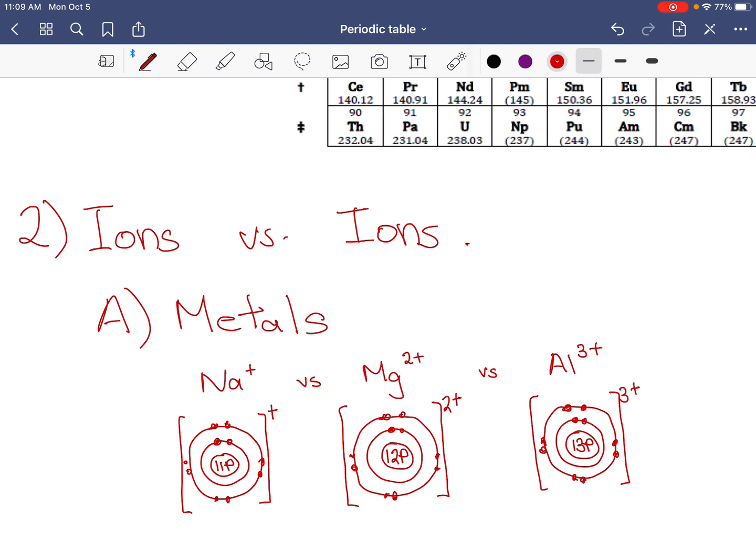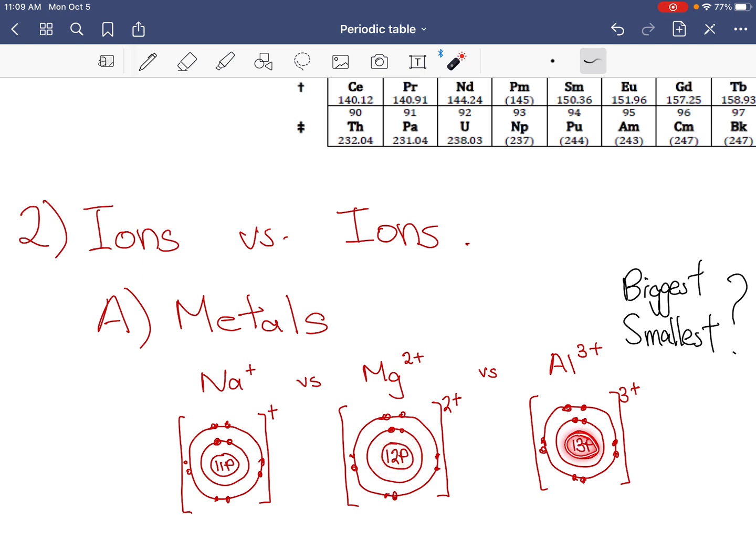Now the question stands: which one is the biggest and which one is the smallest? It's pretty easy to determine if you think about it. These all have different amounts of protons.